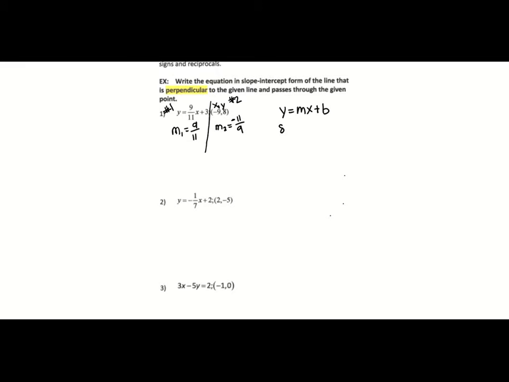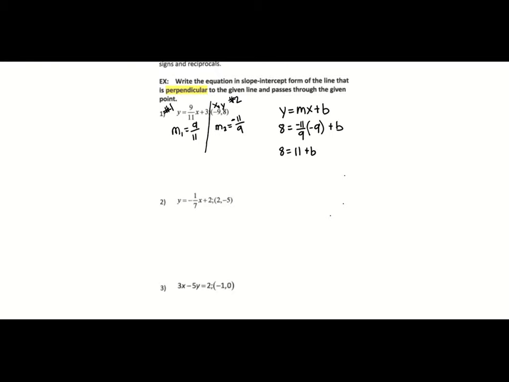So my y is 8, my m is negative 11 over 9, my x is negative 9, and I'm trying to find my b. Okay, so now I get 8 equals negative 11 ninths times a negative 9 gives me a positive 11.